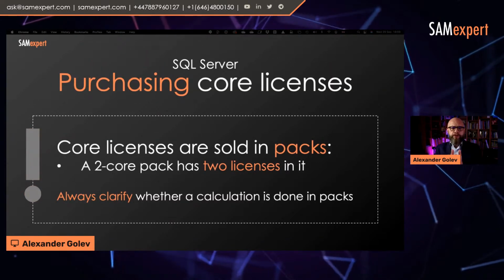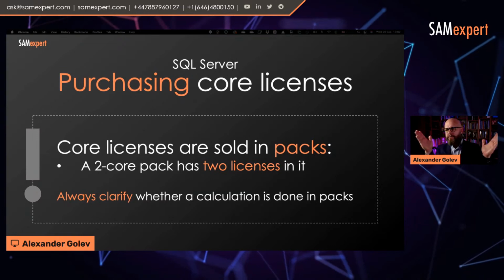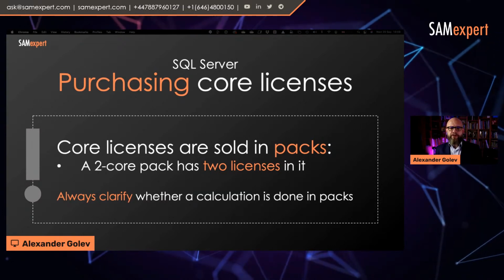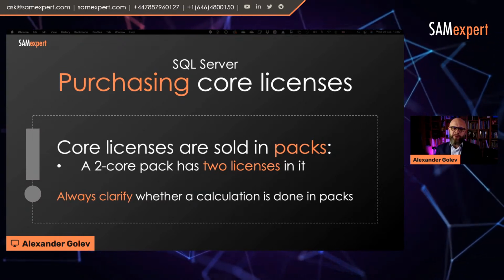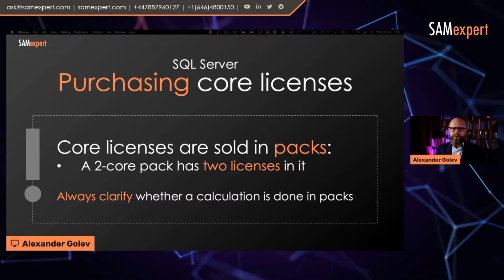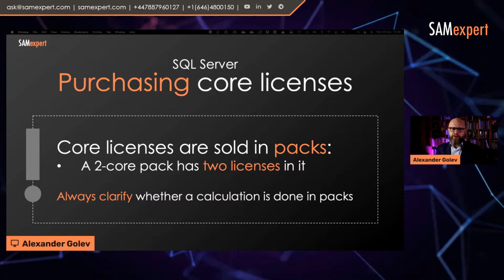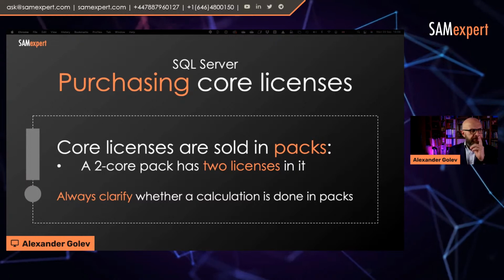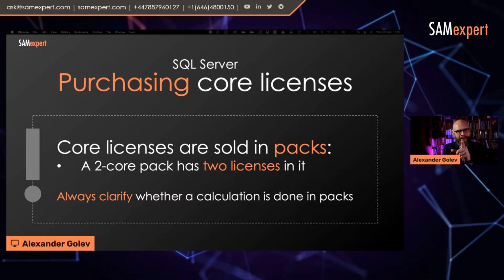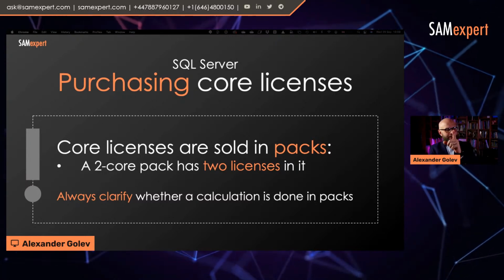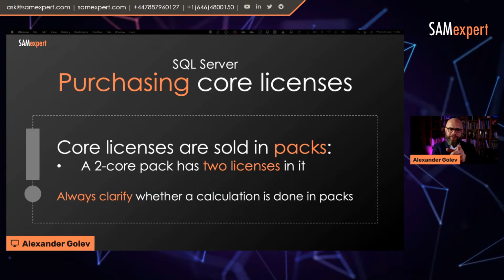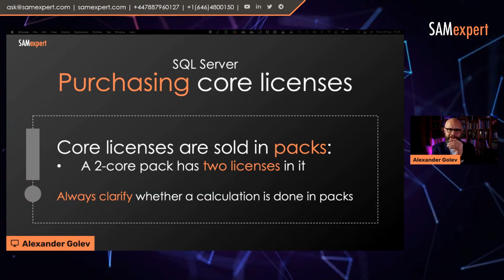How do you purchase them? 2-core packs. 1 2-core pack has 2 licenses in it. Very simple. You will never argue with anyone about whether they are breakable or not, because cores are always incremented by 2. I've seen 5-core virtual machines though. You can actually assign 5 cores if you want to, so you don't have to assign 6.